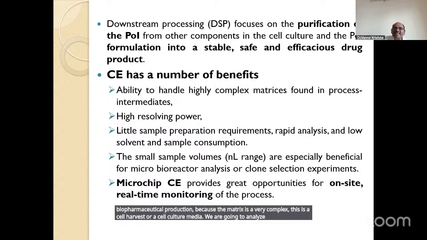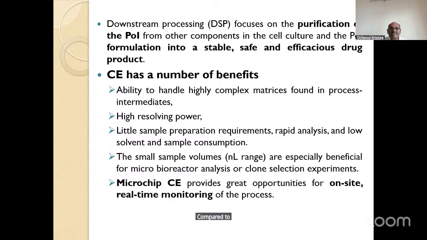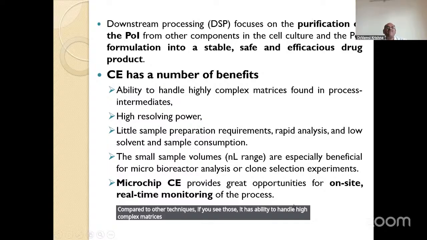CE is the most widely used technique, and it has a number of benefits compared to other techniques. It has the ability to handle highly complex matrices. In the production of biopharmaceuticals the matrix is very complex, and such a complex matrix is handled by means of CE.